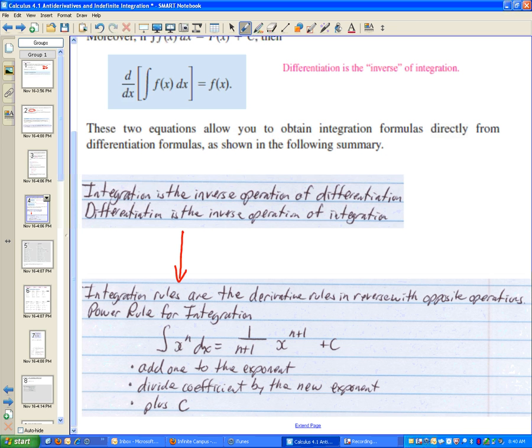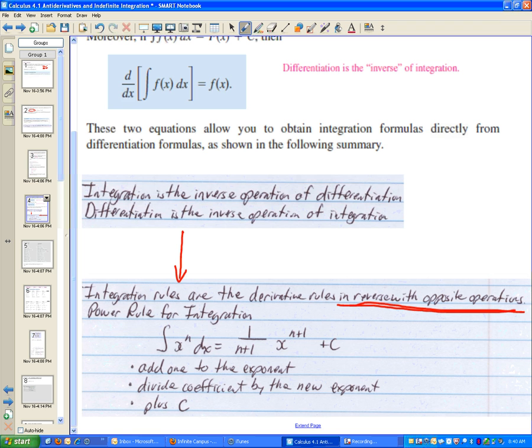Integration rules. Again, integration and antiderivatives, or integration and anti-differentiation, are different words for the exact same meaning. So integration rules are the derivative rules in reverse with opposite operations. Now, I actually mean that.